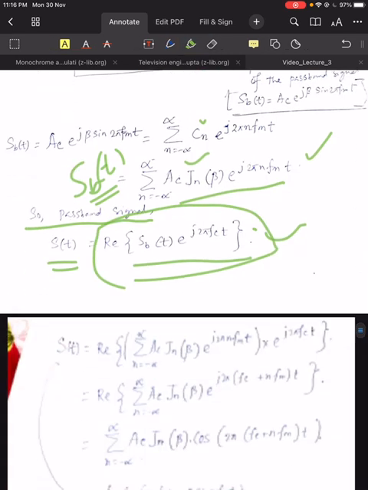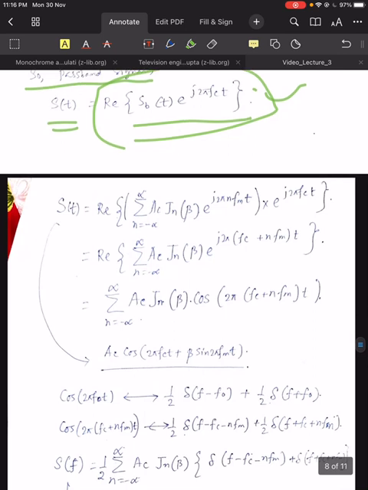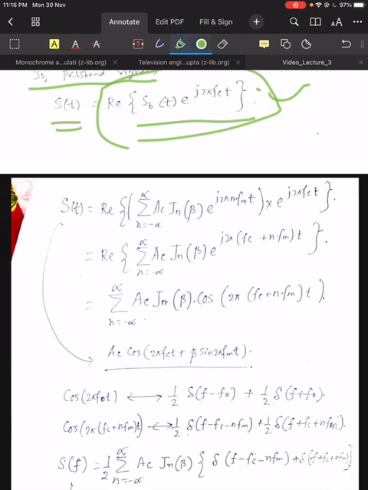Now what do we have to do? This is very straightforward. Basically s(t) will be the real part of this s_b(t), where I just replace the value by the discrete time Fourier series, times e to the power j 2π f_c t. With a little bit of mathematics, you can expand it using Euler's identity, and then we can find s(t) as a summation from minus infinity to infinity of A_c J_n(β) cos(2π(f_c + n f_m)t), right?